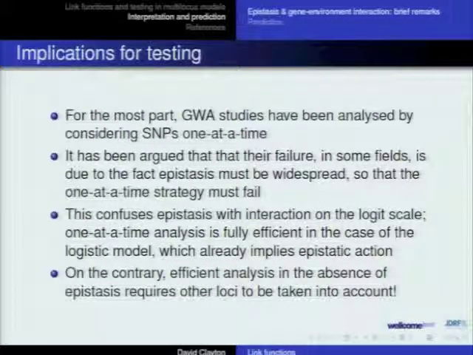So the argument goes, if epistasis is widespread, then we shouldn't be ignoring all these other genes when we're looking at each gene. However, Risch's model of epistasis is the logistic regression model. It's the multiplicative one. And that's precisely the model in which it's efficient to forget about the other variables.